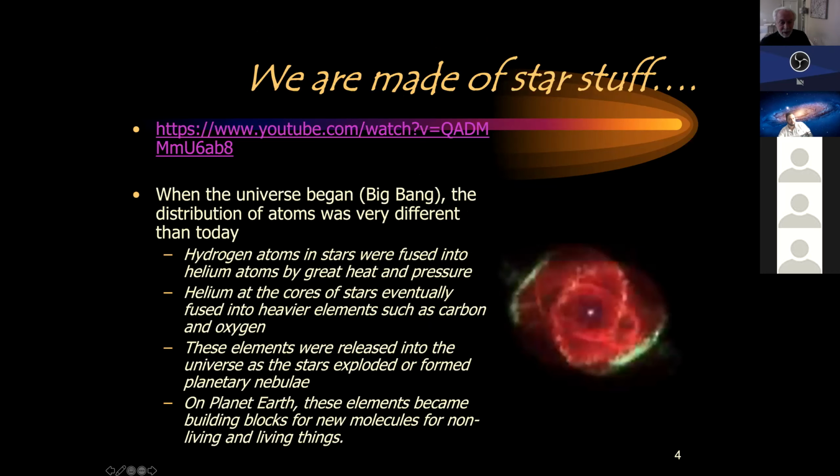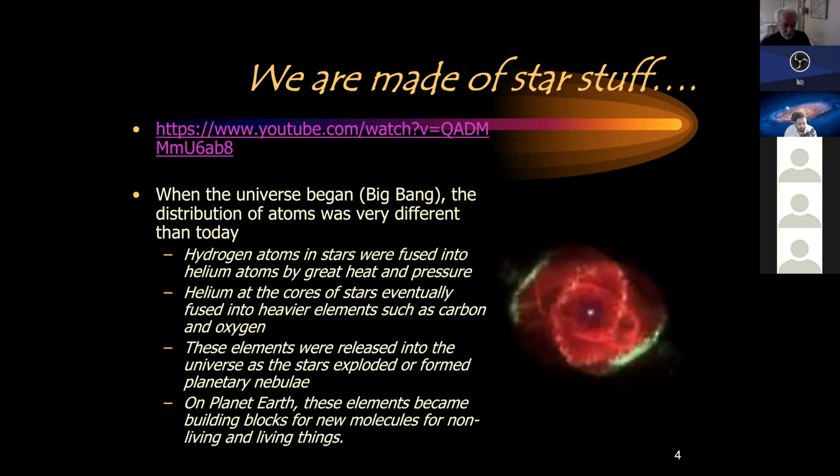We are made of so-called star stuff, the same materials that make up stars. When the universe began with the Big Bang, it was largely hydrogen. But these hydrogen atoms were fused into helium atoms, and helium then went on with time and conditions to make heavier elements such as carbon and oxygen.